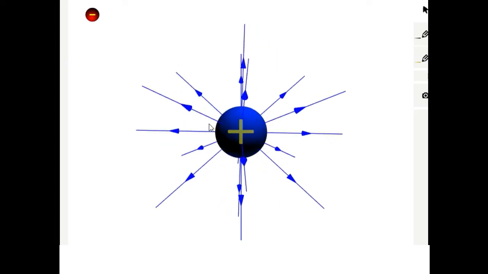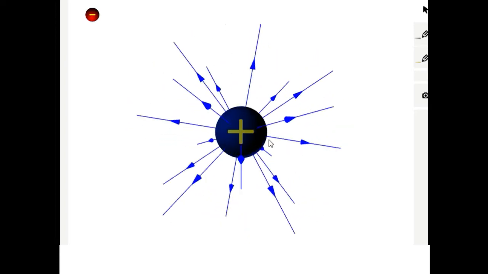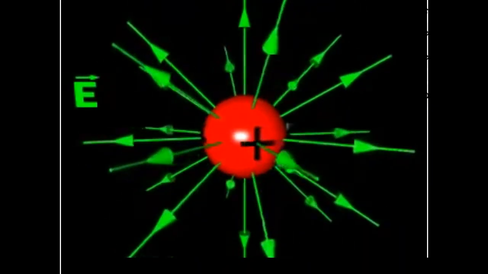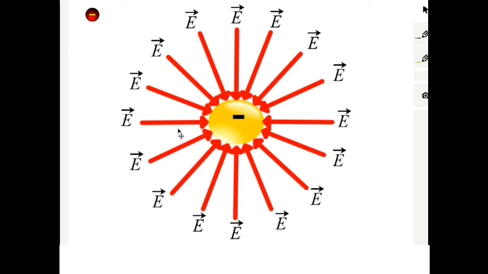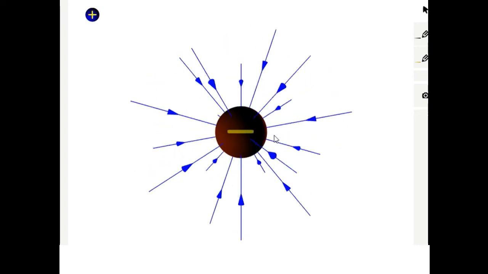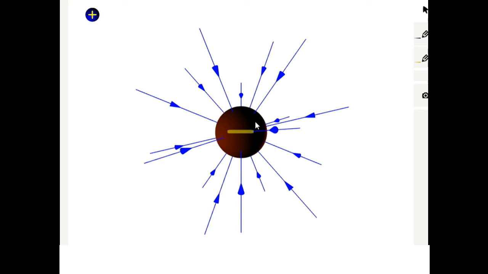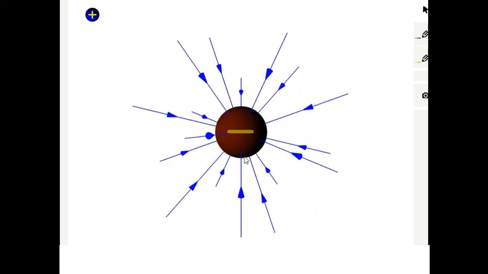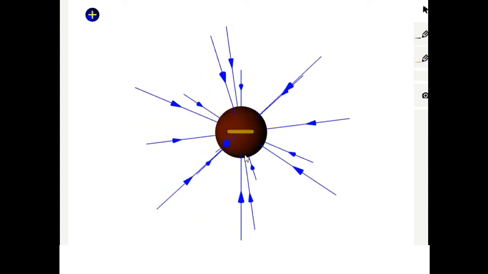And we can see here field lines, which are also centrifugal because they take the same direction as the electric field. Also, if we have a negatively charged particle, the electric field is centripetal toward the center. Also here we take the field lines parallel to the electric field and in the same direction, centripetal toward the center of the electric charge.